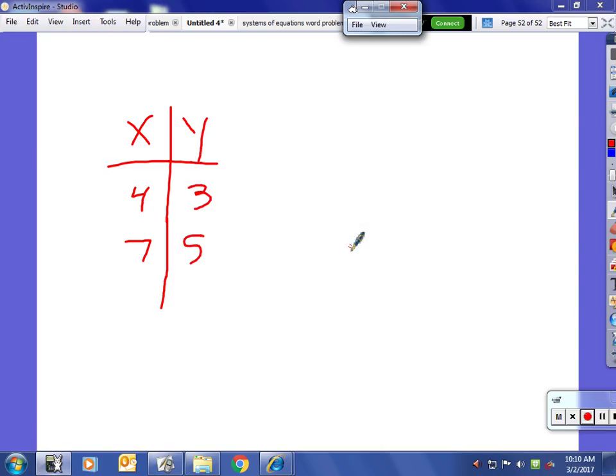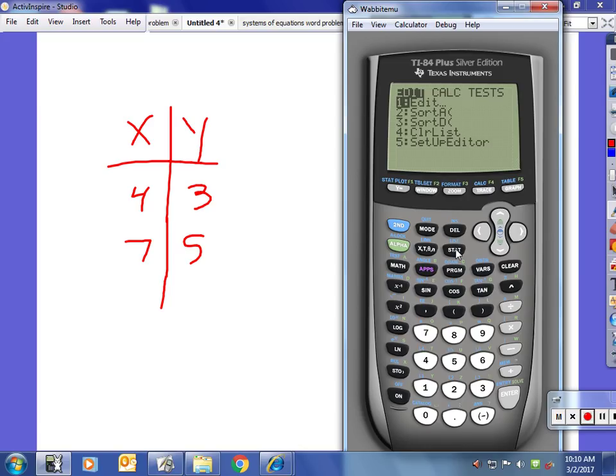If you don't know the equation but you do know points, then you go to stat, edit, and you put them in. So we're going to put in 4, 3, and then we're going to put in 7, 5. Everything happens in stat. When you don't know the equation, but you do know points, everything happens in stat.